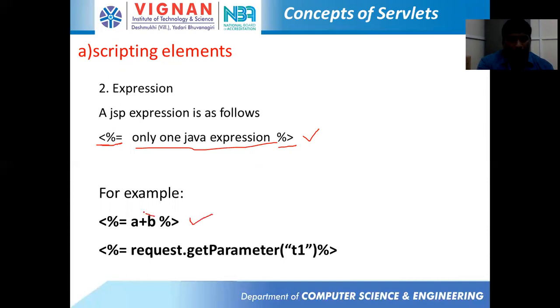If you want to print the a plus b value, just using the expression scripting element you can print it. Also request.getParameter, if you want that, you can just use expressions. And these expressions, where exactly do they go?